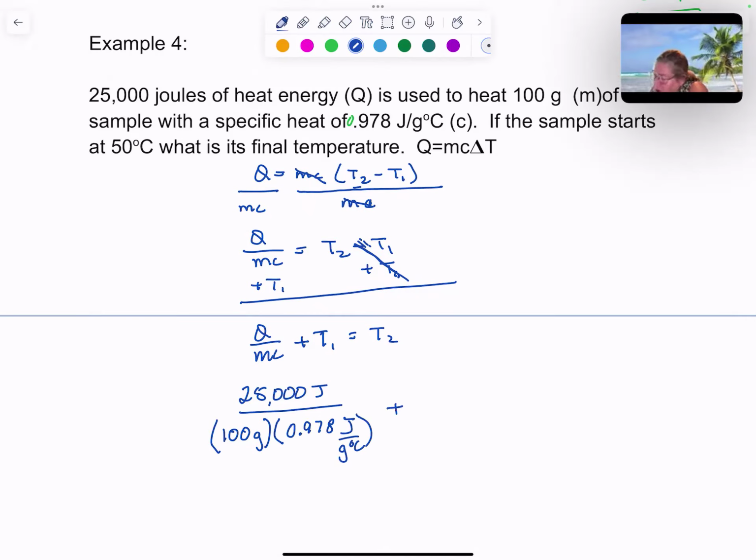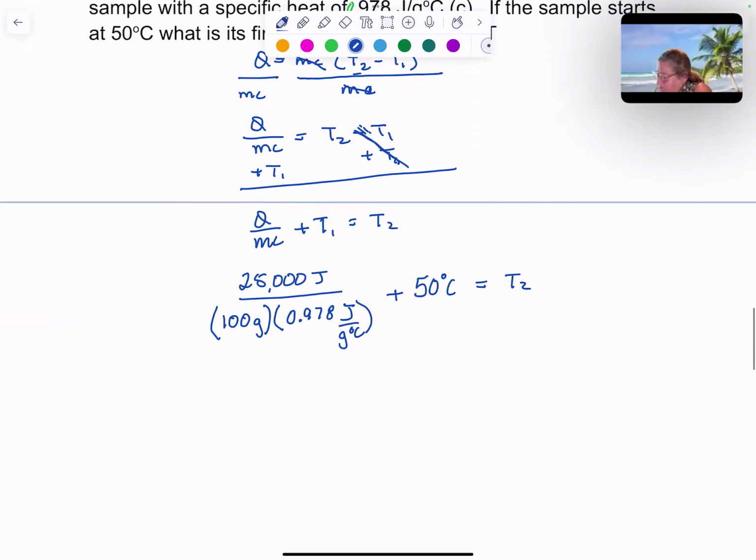And we know our T1 at 50 degrees Celsius. Let's do some cleaning up of units first. This joule cancels this joule. This gram cancels this gram. We're left with 1 over degrees Celsius, so that's a degree Celsius.